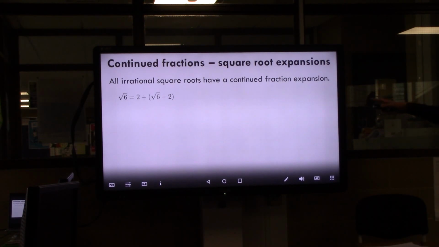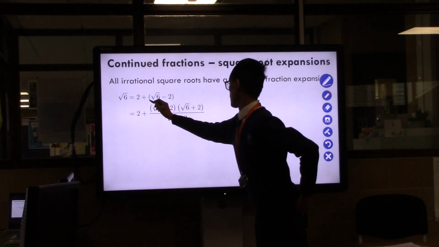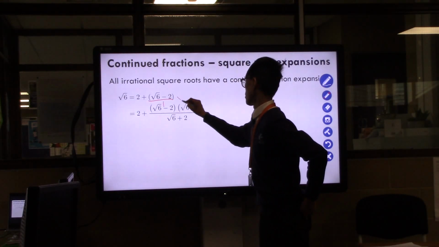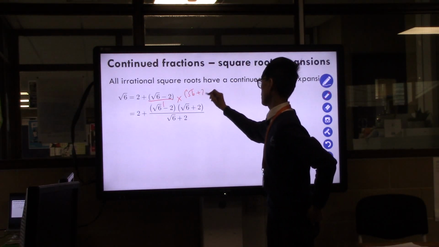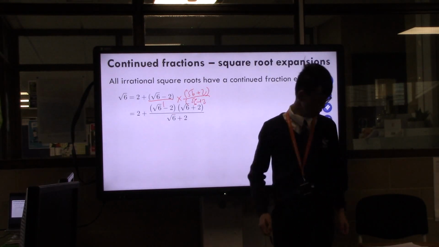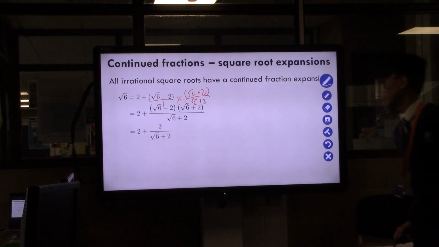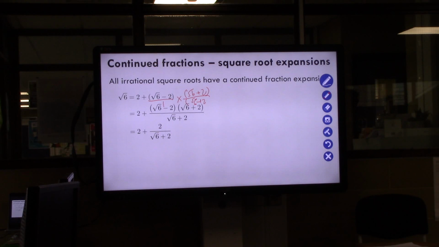And so we can take that integer part out, and we can then multiply root 6 minus 2 over 1, both top and bottom, by root 6 plus 2, like that. And we get, after expanding brackets, 2 plus 2 over the square root of 6 plus 2.